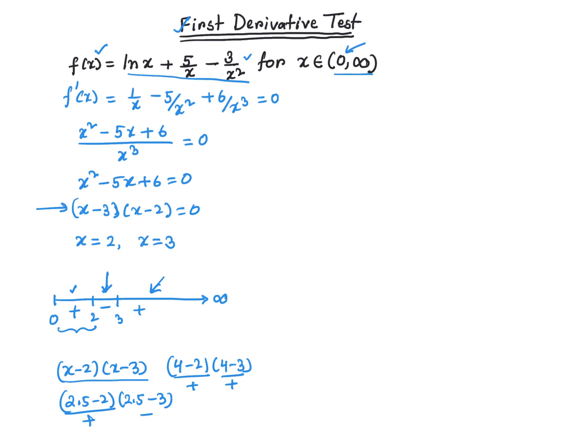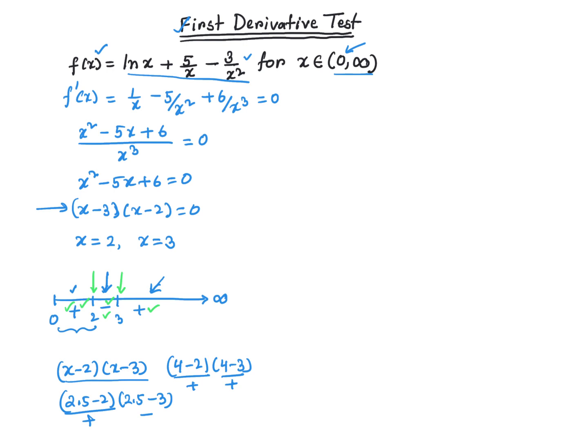So the derivative in the first interval is positive, in the second interval is negative, and in the third interval it's positive again. So we need to find out what type of critical point 2 is. Is it a local maximum or minimum? And same for 3. To the left of 2, it's positive. To the right of 2, it's negative.